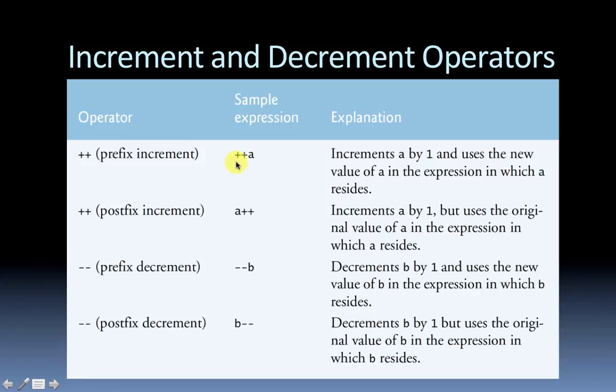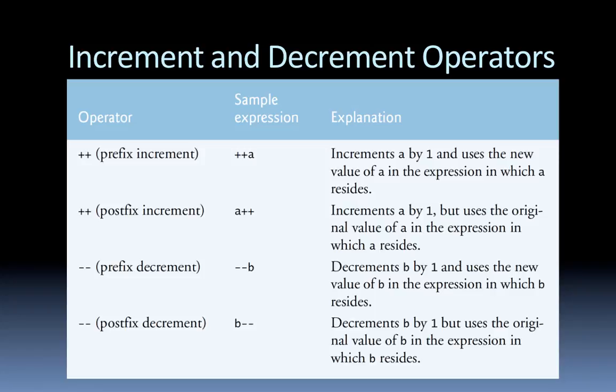So basically, with a pre-increment, what happens from the point of view of the programmer is that the variable that you pre-increment is incremented by 1 immediately. Then if you use the variable or that expression in a larger expression, the new value of a gets used in that larger expression.